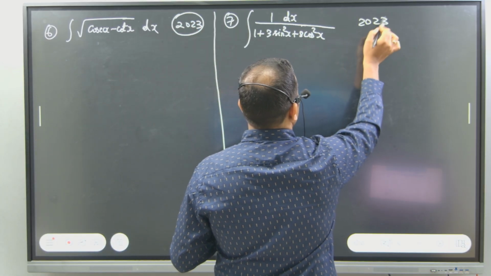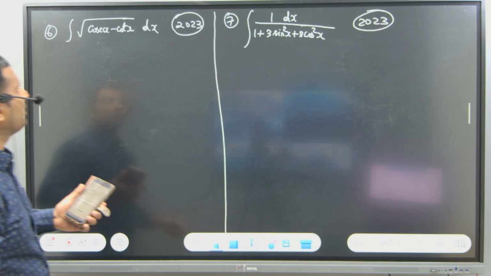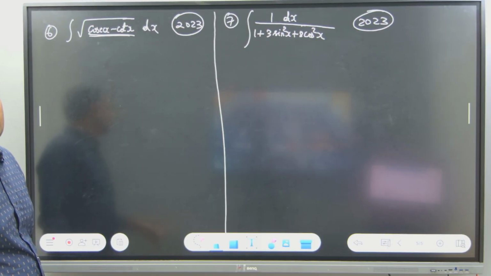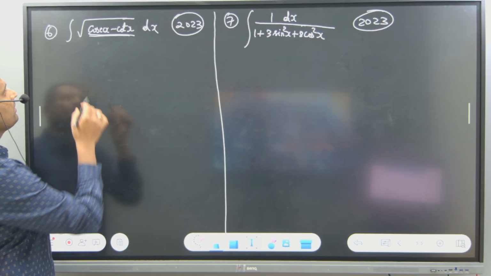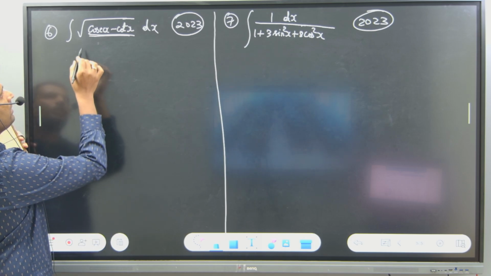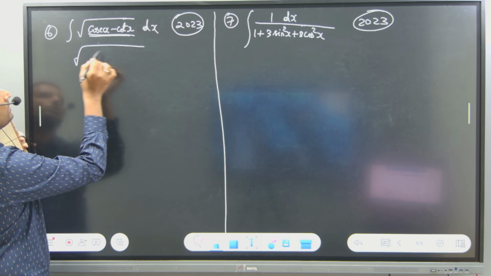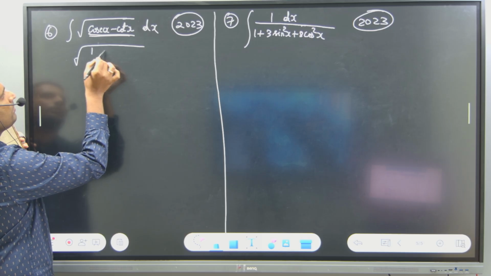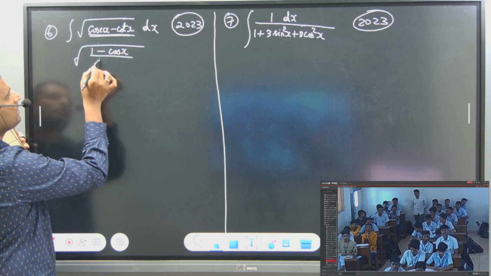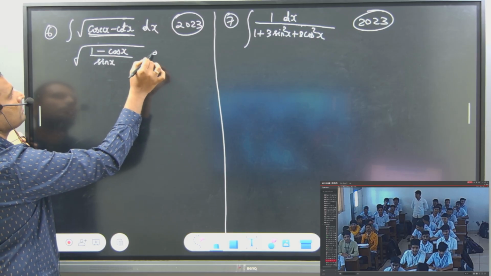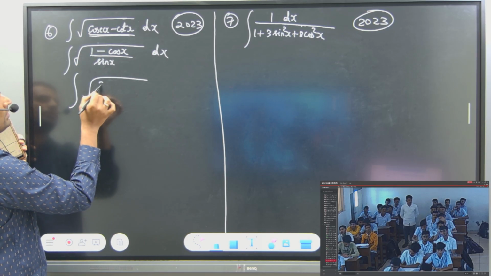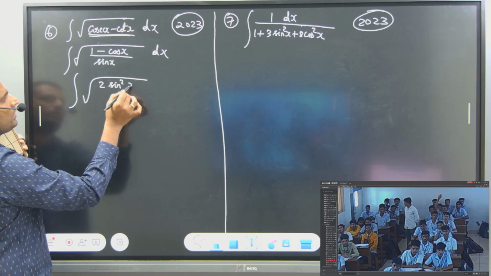I have to tell quickly how to solve. Okay, we have already done this. How to do it? What should I write cosecant as? Cosecant is 1 by sine. So this will become 1 minus cos x divided by sin x. And what is 1 minus cos theta? 2 sin square x by 2.